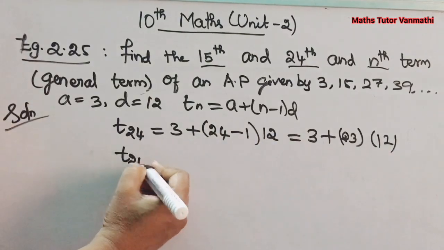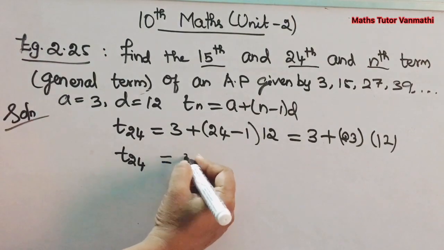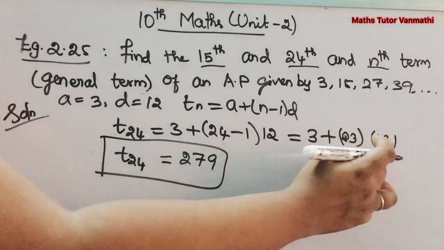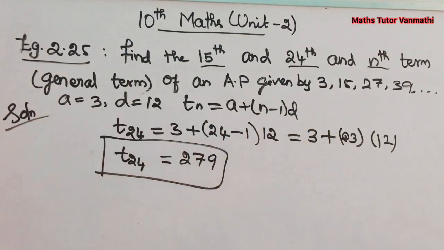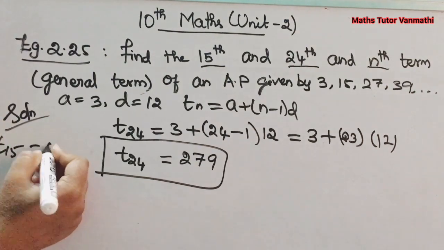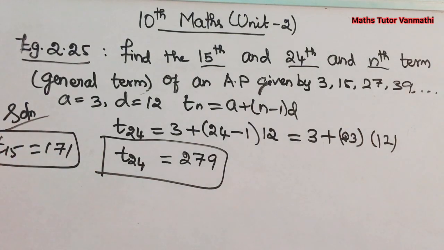Multiplying 23 by 12 and adding 3, you will get 279. Clear? This is your T15, which is 171, and this is your T24, which is 279.